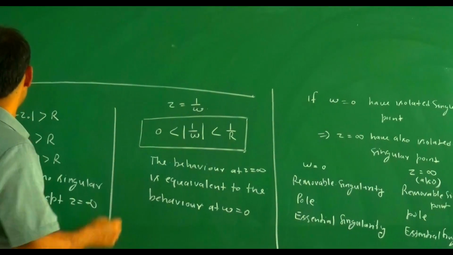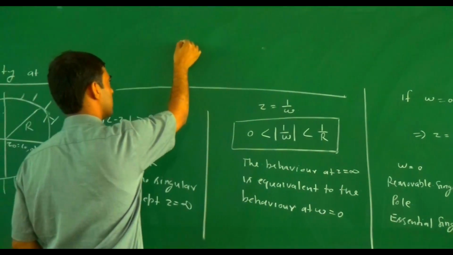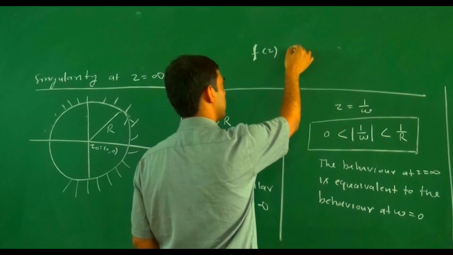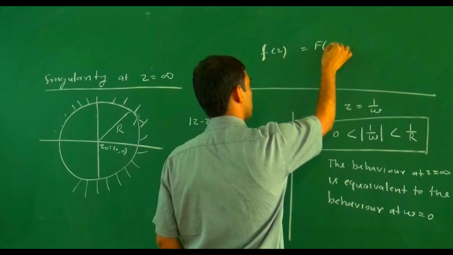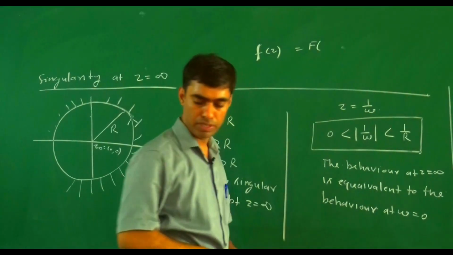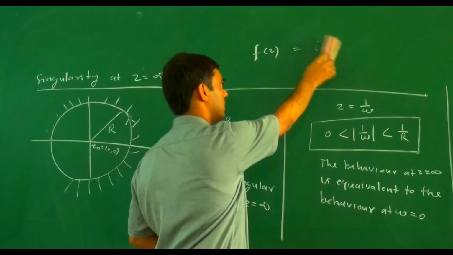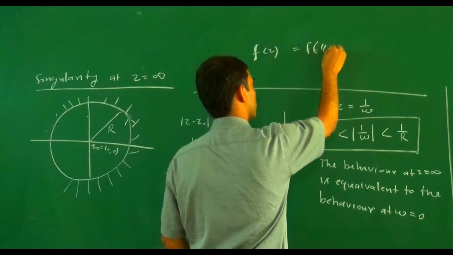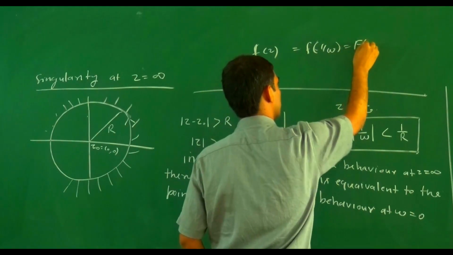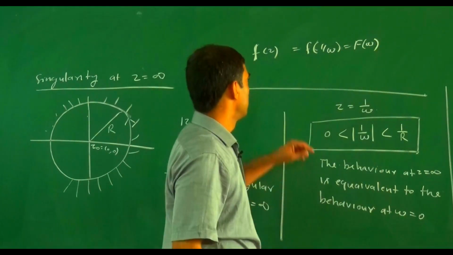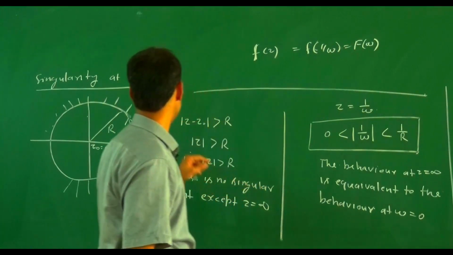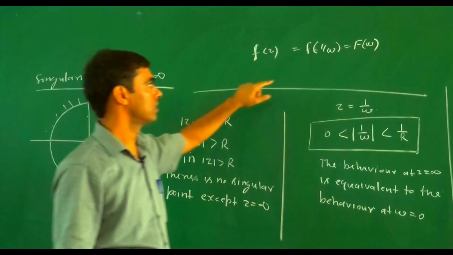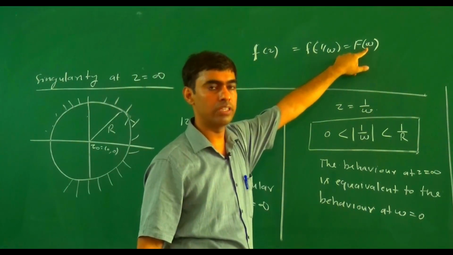If f(z) is a given function, then we replace it by f of 1 upon w, or f(w). To examine the nature of the singularity at z equal infinity, we examine the nature of the singularity at w equal 0.